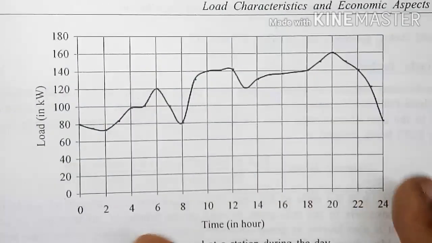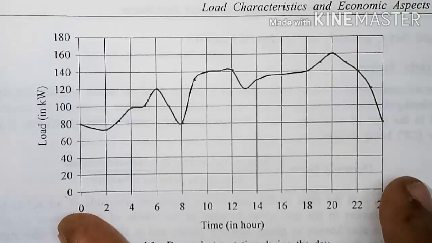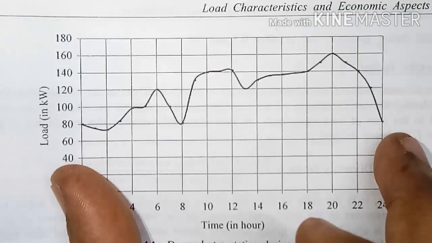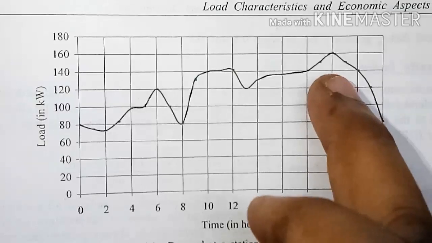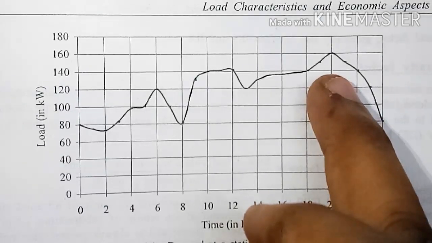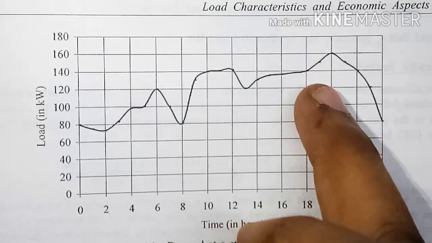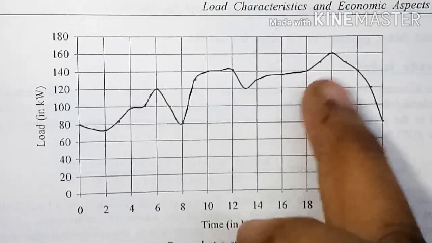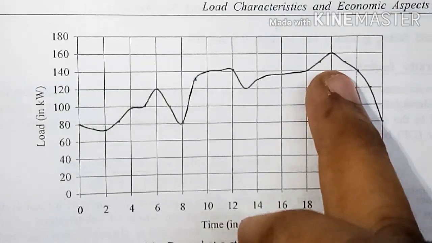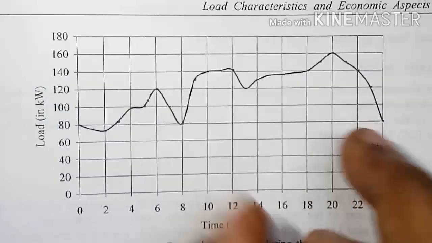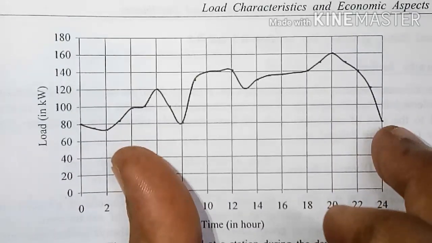Therefore, the daily maximum demand for the load considered here is 140 kilowatt, and this 140 kilowatt need not be consumed by a single load. This 140 kilowatt may be sum of various loads at the premises of a customer.